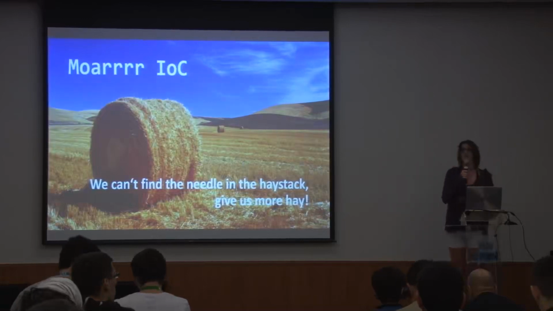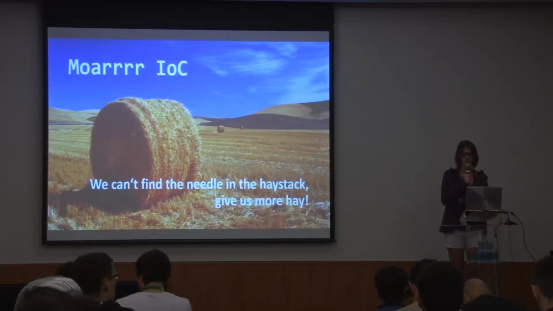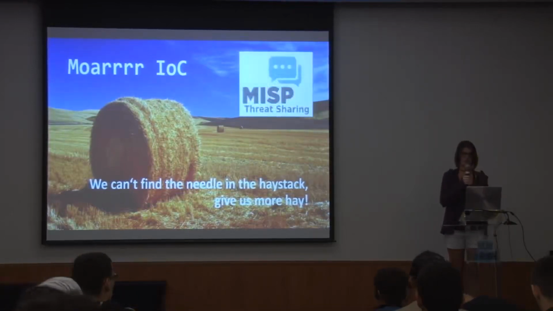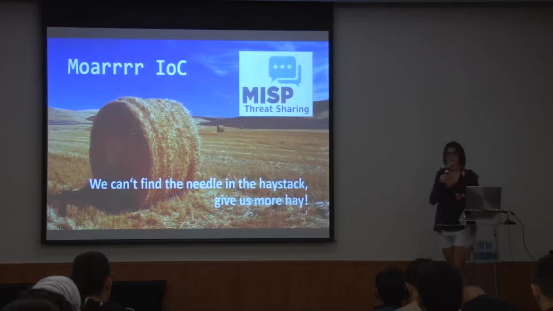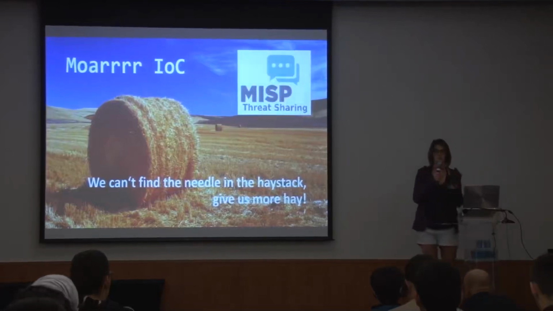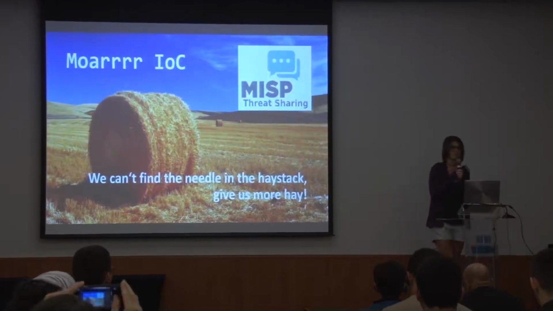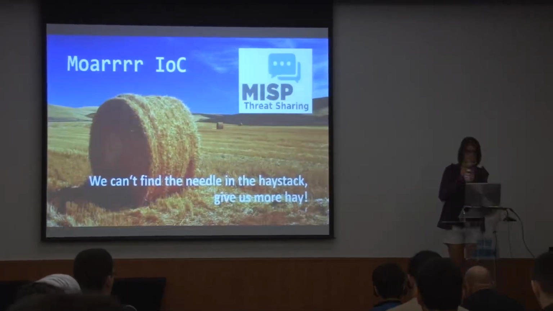So I've been working on several projects, one in cooperation with the National Cert in Luxembourg. The National Cert in Luxembourg is operating a threat intelligence sharing platform called MISP, Malware Information Sharing Platform. We have tried to come up with new ideas of how to develop indicators that are more resilient to change in binaries and that are cheaper and easier to produce than indicators that we currently use.